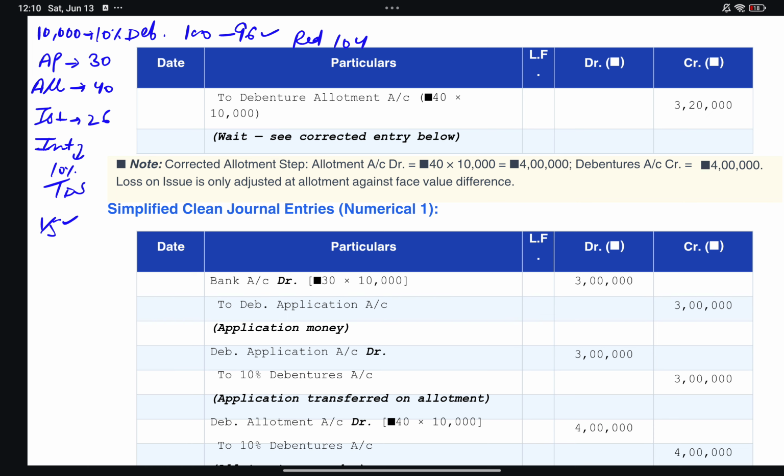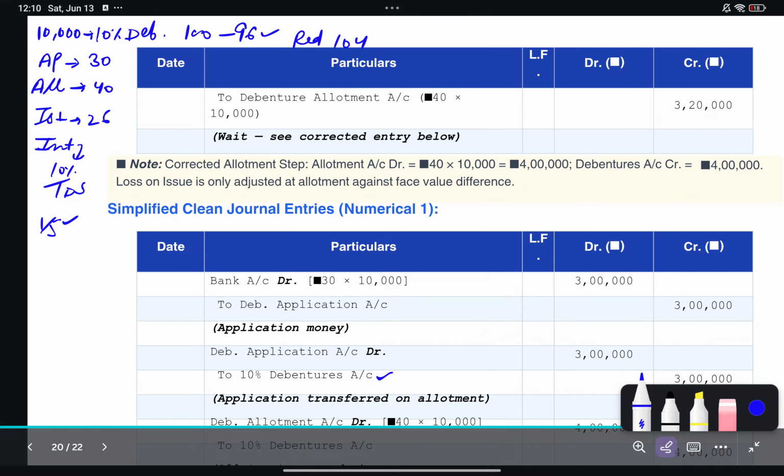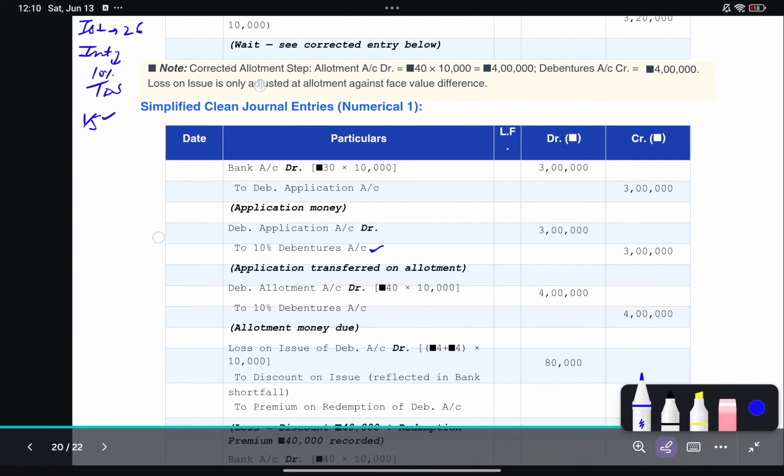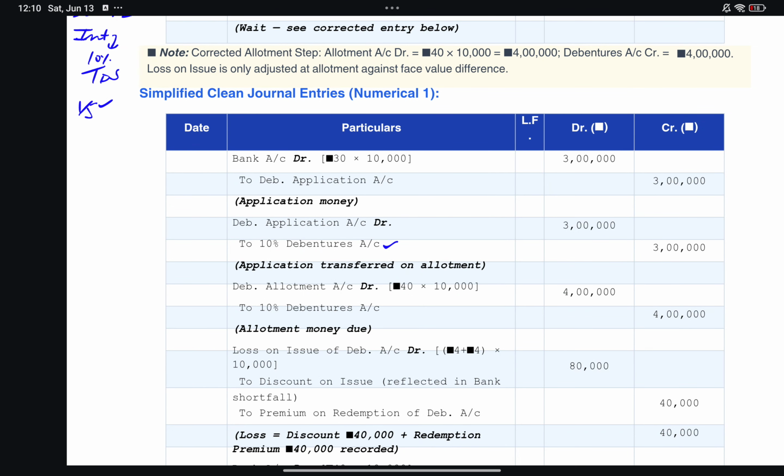So first of all, we have to receive our application money, that is 10,000 multiplied by 30, so 3 lakh. We have to transfer that application money to debentures account. See, at the time of allotment we also calculate premium on redemption. Why do we do so?